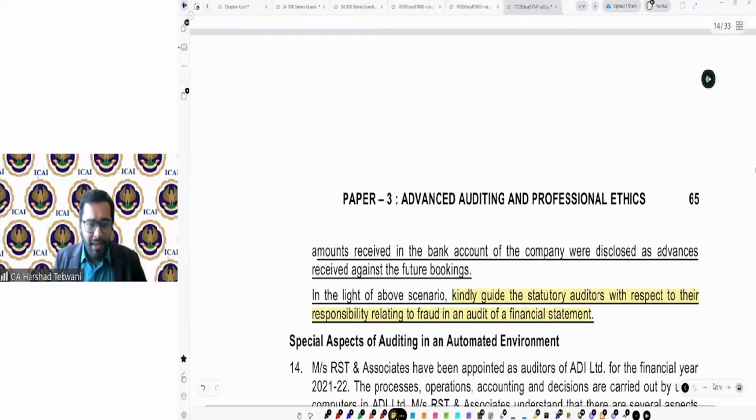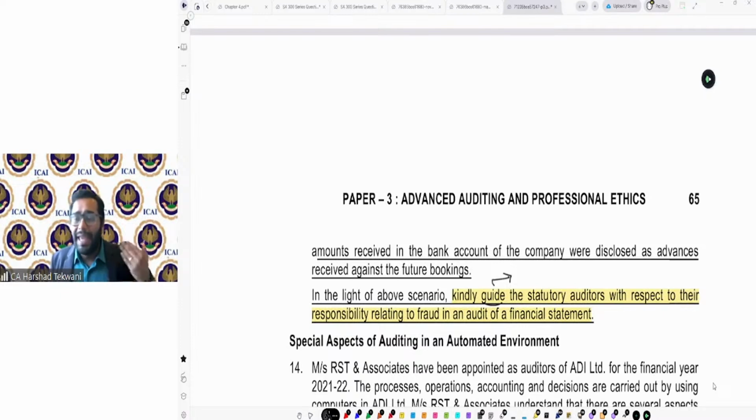Now, when I say kindly guide the auditors with respect to the responsibility, it's first highlighting them what they have done wrong, and second, highlighting them what they should do now. So that's why I bifurcated the question in two parts.